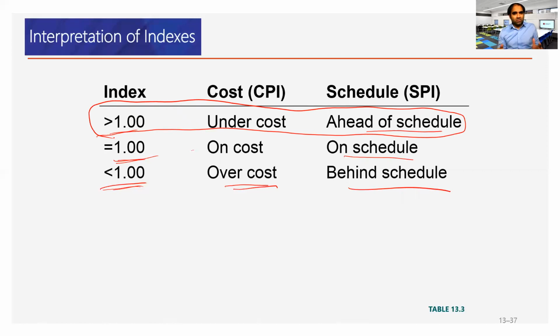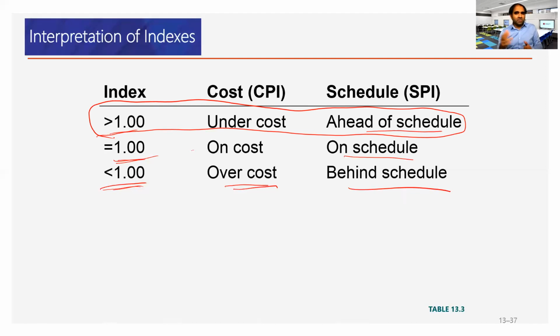So with these two indexes, as a project manager, don't look at all the detailed tables, WBS, OBS, PV, all those budget numbers. Simply ask, what is the CPI? 1.2, 1.1. What is the SPI? This is the number you can ask on the go, anytime.